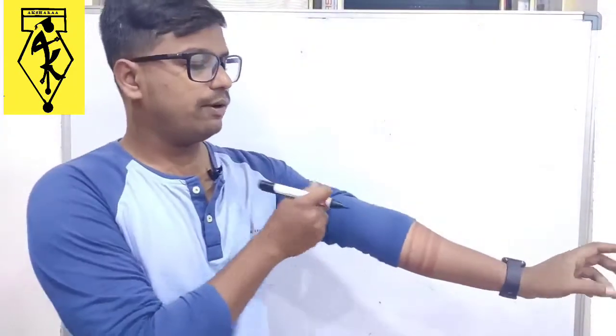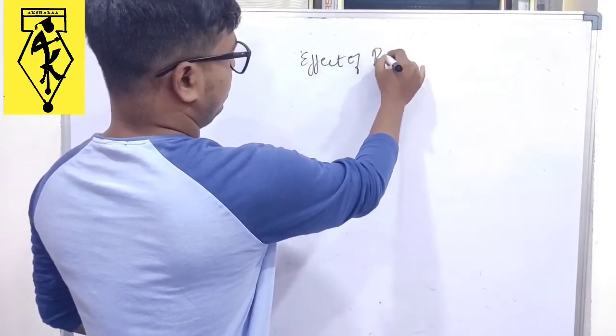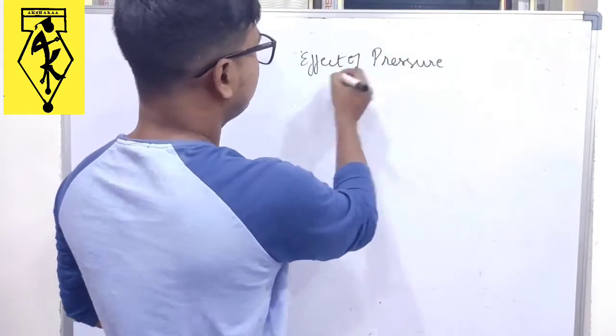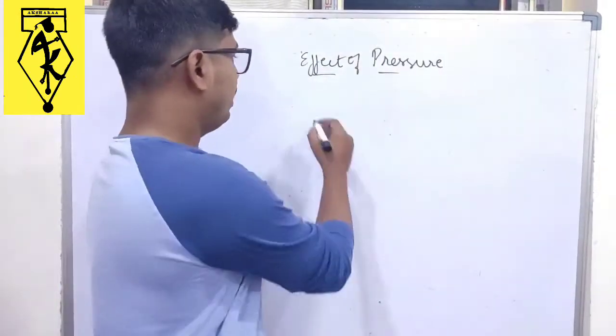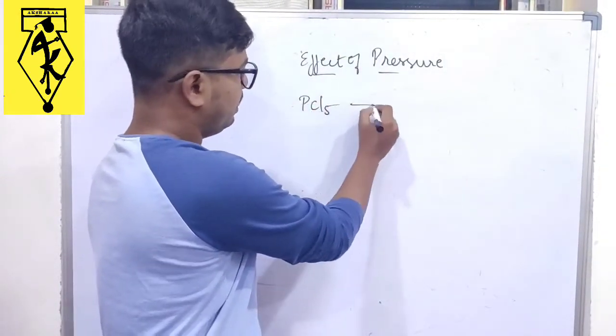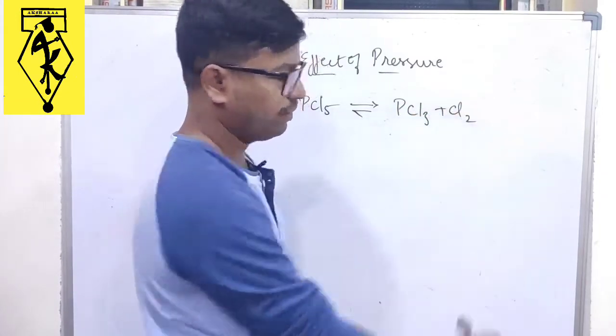Moving on to the heterogeneous equilibrium, one point we should discuss, that is effect of pressure. Why? Because we are considering the gaseous molecules. So definitely partial pressure exists. Now we will see what is happening. So see this example, PCl5 is in equilibrium with PCl3 plus Cl2.